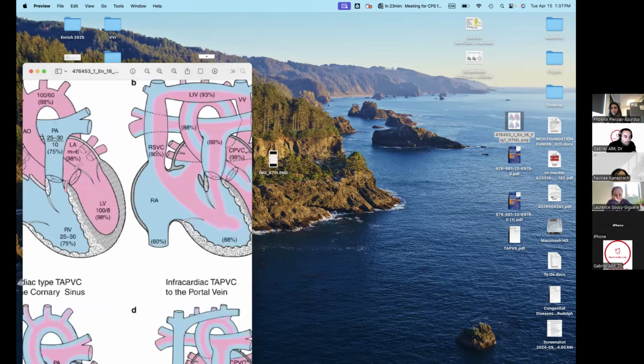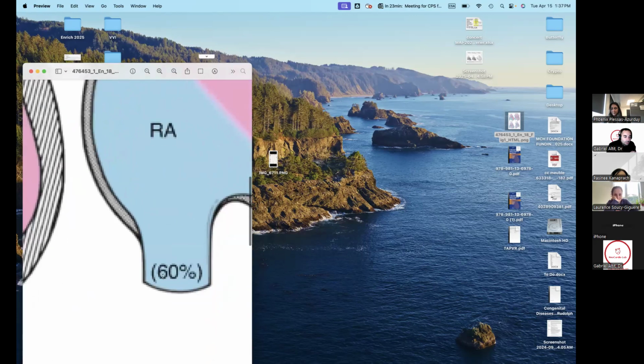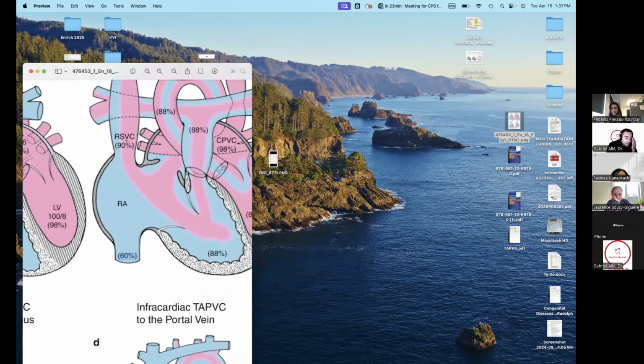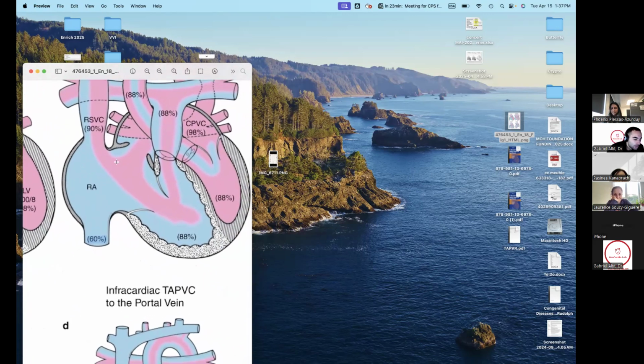So you see 90%, and this is 60%. This 90% will have a tendency to actually enter through your SVC and then eventually shunt into your right ventricle because it's facing the tricuspid valve.